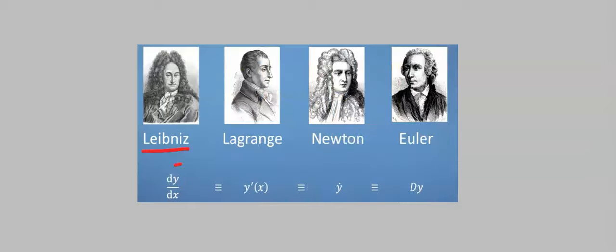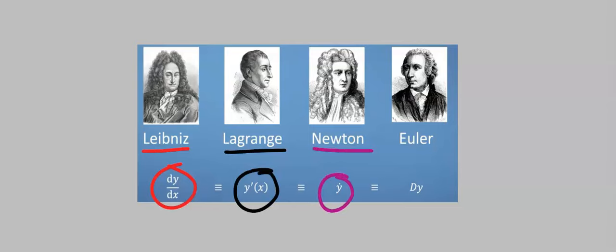Leibniz called it dy dx, while Lagrange called it y prime of x. Isaac Newton called it y dot, while Euler called it d x y. At times, it can be written as d dx of y.